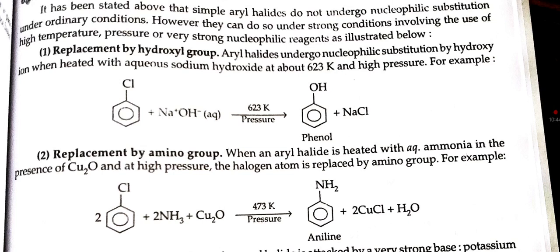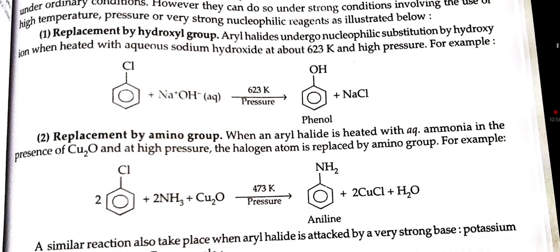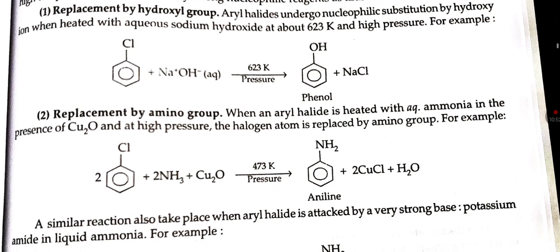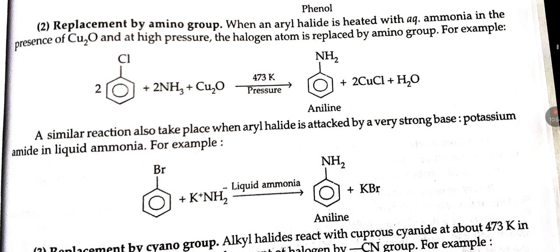Aryl halides undergo nucleophilic substitution by hydroxide ion when heated with aqueous sodium hydroxide above 623 Kelvin and high pressure. Replacement by amino group. When an aryl halide is heated with aqueous ammonia in the presence of cuprous oxide and at high pressure, the halogen atom is replaced by an amino group.